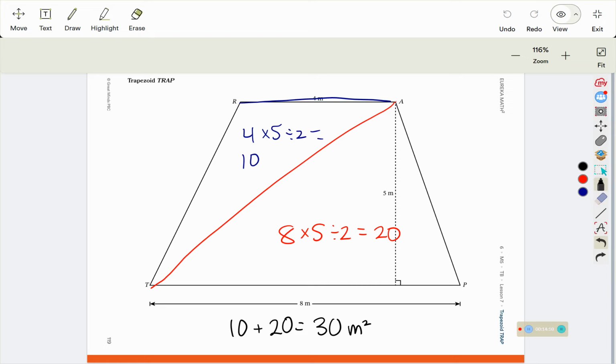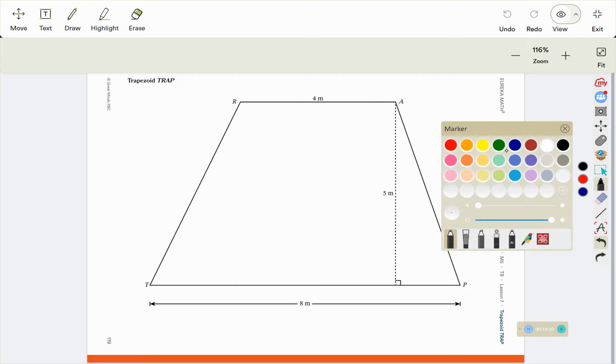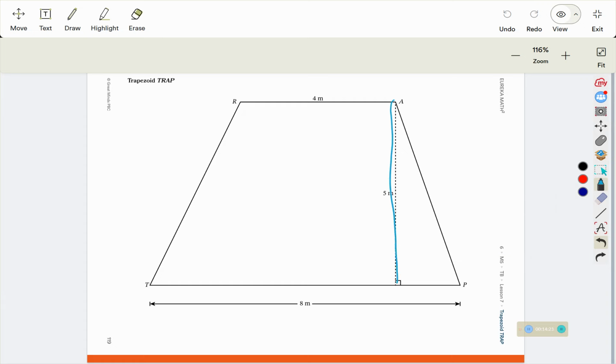There are several other ways that you may choose to decompose your trapezoid to solve for its area. You may choose to create 2 triangles and a rectangle in the center. You may choose to cut your trapezoid diagonally the other way, creating again a 4 by 5 and an 8 by 5 triangle.